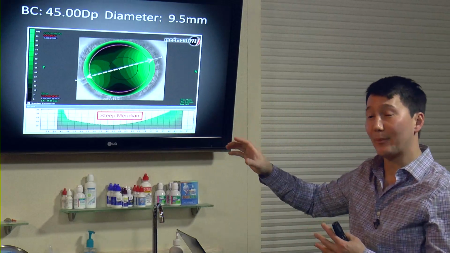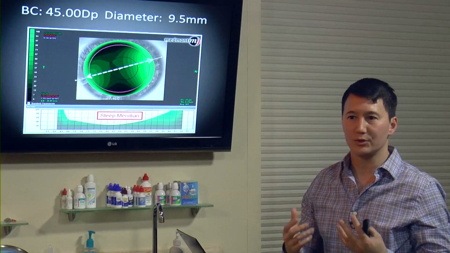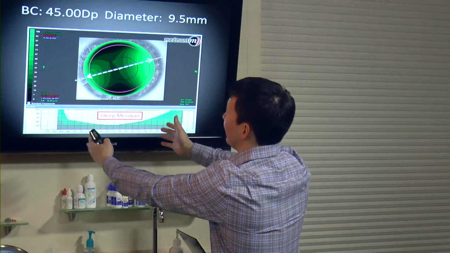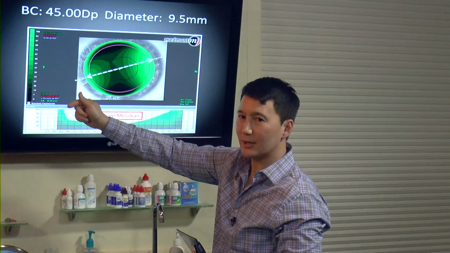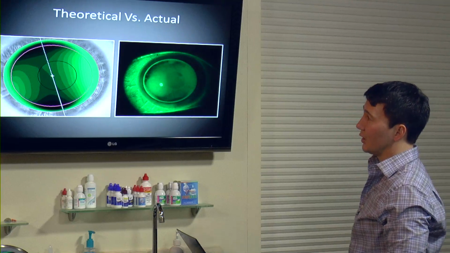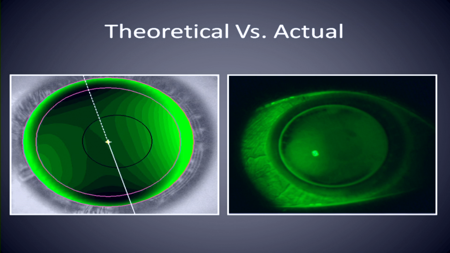So what do you think will happen? What is the topographer telling us is going to be the movement and position of this lens? With each blink, instead of sitting at 3 and 9 o'clock and moving up and down and pumping fluid appropriately, we're probably going to be driving the lens into the ear or into the nose. So here's the actual lens designed by our topography, and you can see how similar the patterns are.